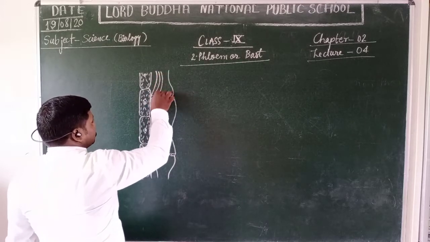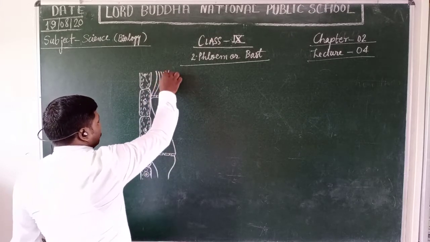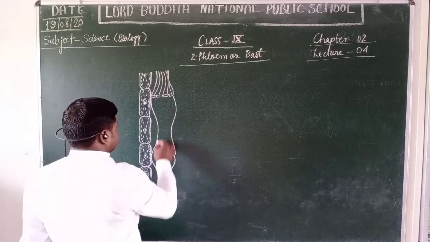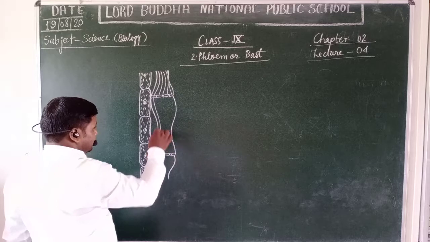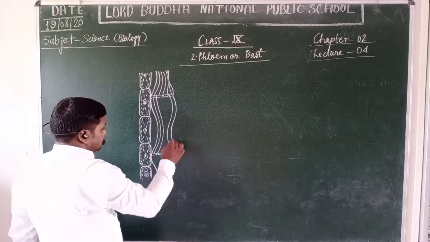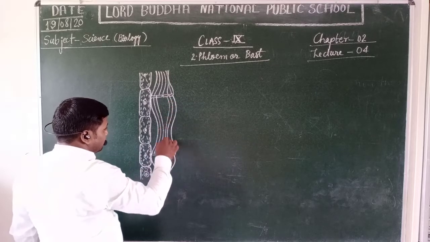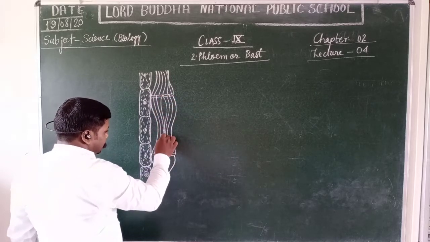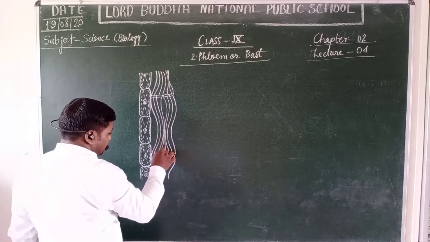Each and every sieve plate has a large number of sieve tubes. Each sieve tube helps in the translocation of the food materials formed by the leaves through the process of photosynthesis.